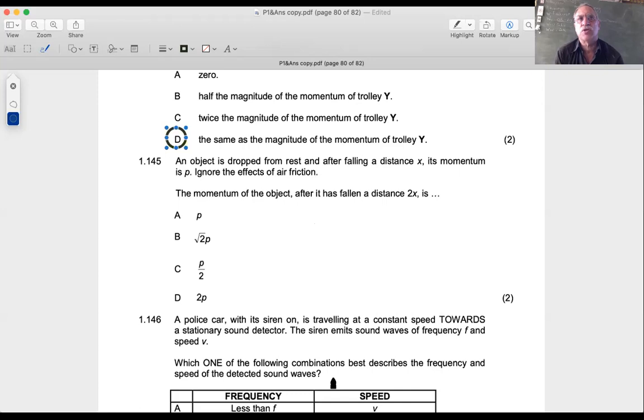So in the first case, it had so much kinetic energy. In case 2, it had double the kinetic energy. So half mv squared is doubled. I'm beginning to think that that's what the answer could be.